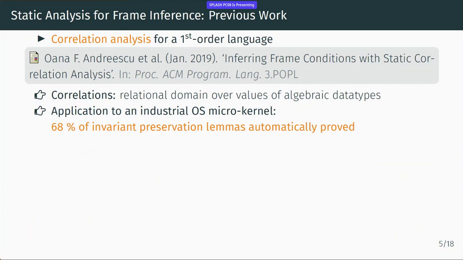And we applied this to the verification of an industrial microkernel OS, where we showed that using these techniques, you could discharge automatically two thirds of the preservation lemmas that you had to prove. So definitely, this information, these frames, are extremely useful in practice.